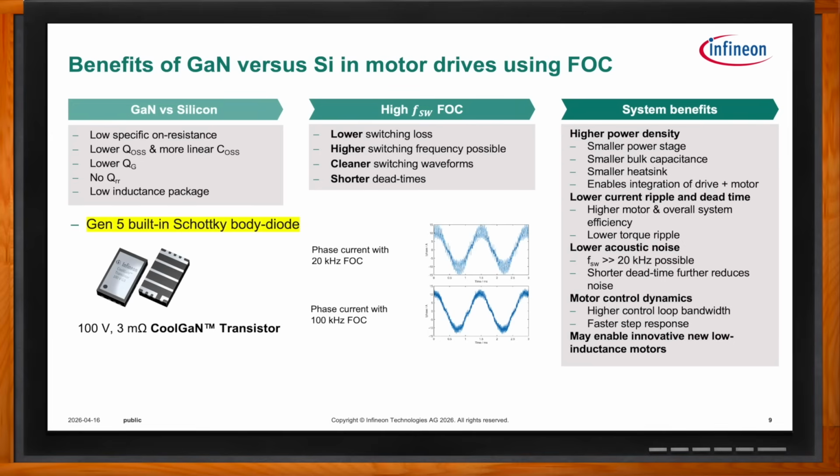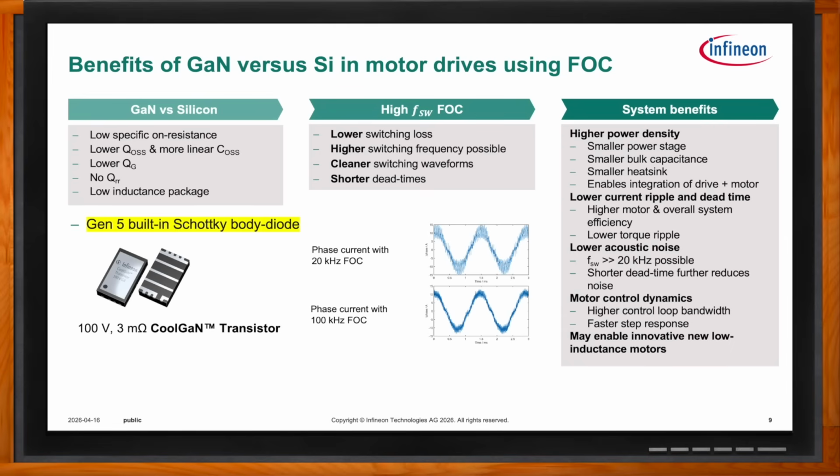From the system standpoint, though, overall with GaN, we get a higher power density, and I'll show you some reasons why. We get lower ripple current that I just showed you by going to a higher frequency, and less acoustic noise. Of course, 20 kilohertz is pretty much considered outside of human hearing range, but these humanoid robots are in the home with pets and other things that can hear up to 40 kilohertz. So being able to go to 100 puts the motor high-pitched noise outside of the hearing range of anyone in the household.